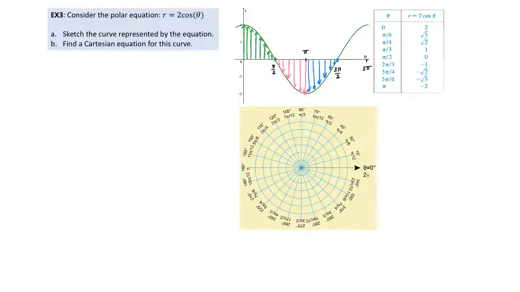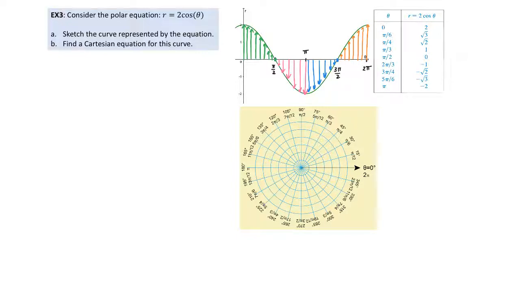Now we have one more segment from 3 pi over 2 to 2 pi. Let's do that in orange. Now the r's are increasing in length. They're getting larger and larger. And at 2 pi, I am at maximum length 2.